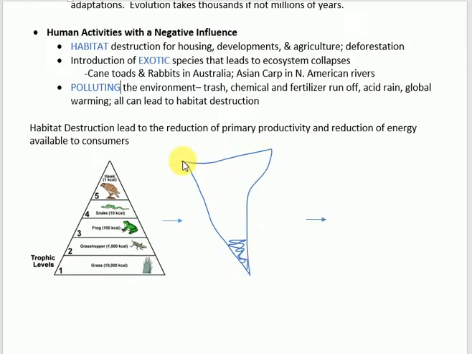So this type of chart ends up with starvation and death of a lot of the population. Now, eventually, this will right itself, and it will end up looking like this. So there's still a very small amount here of producers available, and it is still unstable, but it can be fixed.